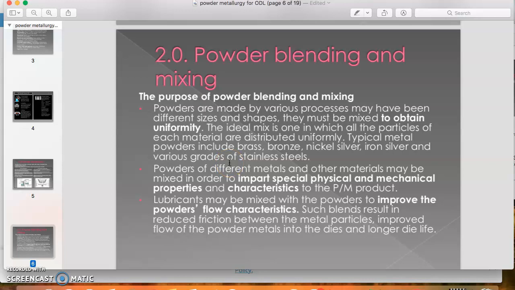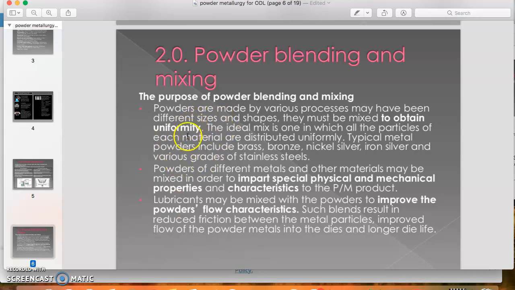The objective of mixing with the other materials is to impart special physical and mechanical properties and characteristics to the powder metallurgy product. And remember, lubricant is also added to the metal powder to reduce the friction during the compaction process.